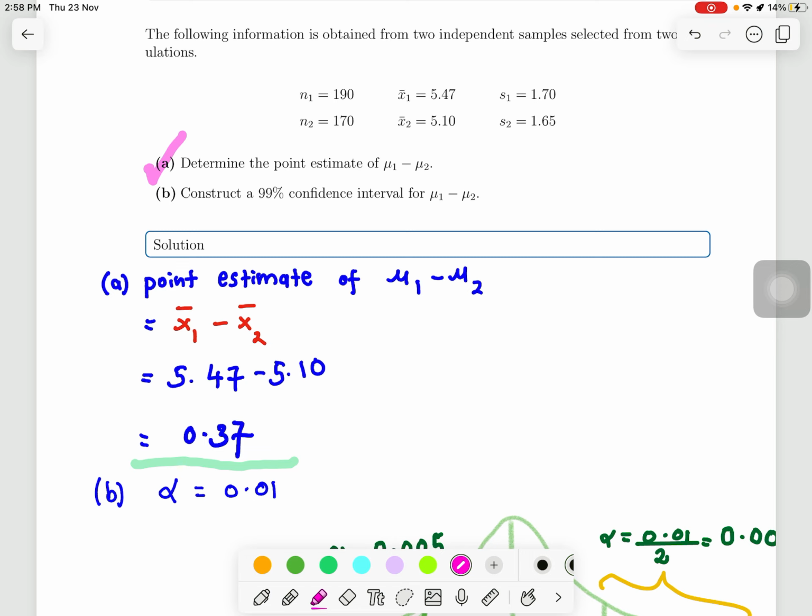Alright, the point estimate and interval. So remember, the formula to get the interval is you just add the point estimate.